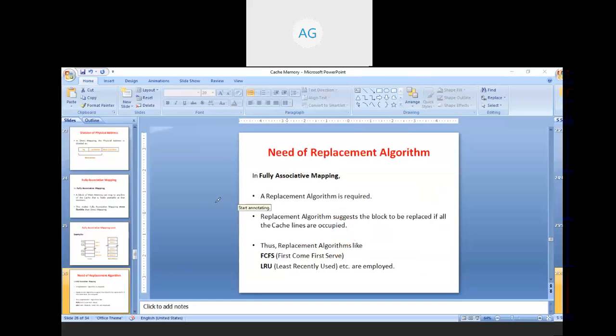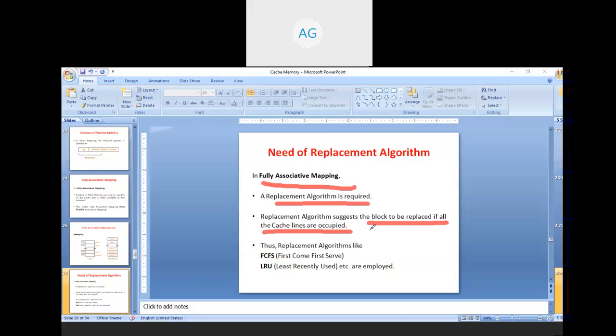So the next topic is the need of a replacement algorithm. In the case of fully associative mapping, a replacement algorithm is required. A replacement algorithm suggests the block to be replaced if all the cache lines are occupied.